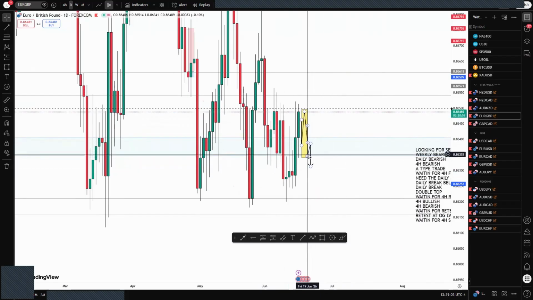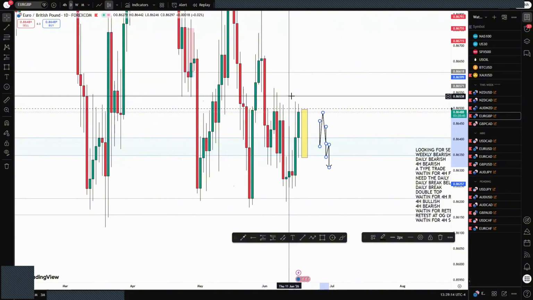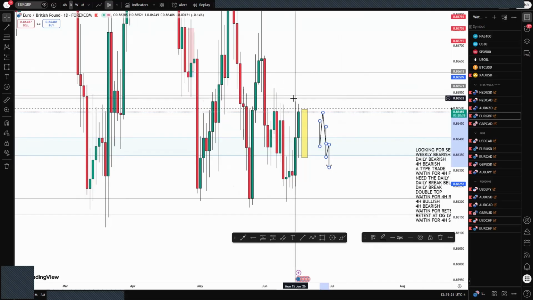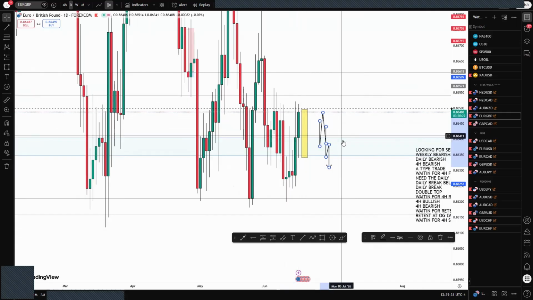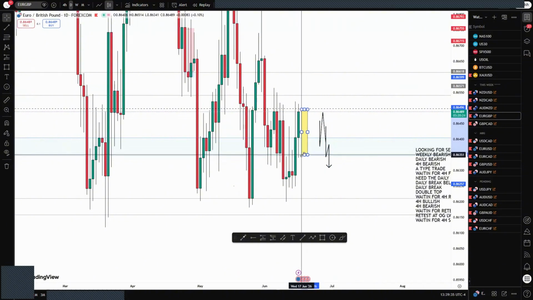In this case the daily is not that much of a problem, only if price taps into this second level here, okay, this take profit level. So anything is fine, provided tomorrow the daily can give us that break and that shift.